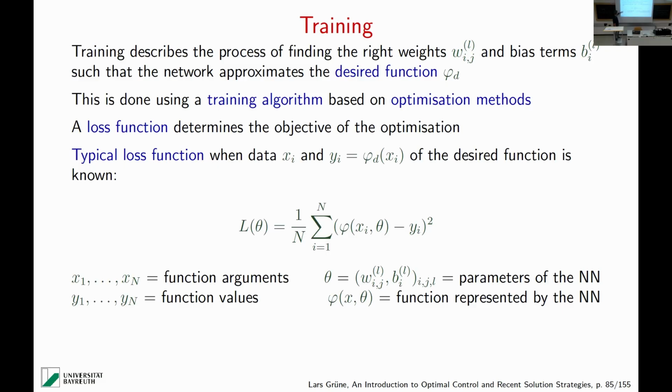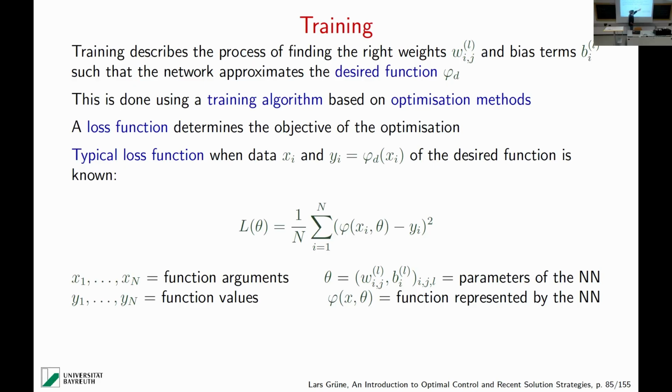These are vectors here, right? So these are really different arguments. This is the data that we use for learning, and then we know that we have function values. And what we want is for all arguments, our neural network matches as good as possible this function value yi, right? So yi is the value of the desired function in xi.